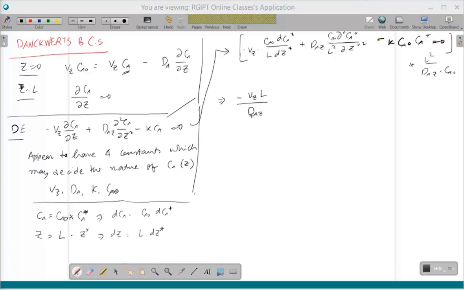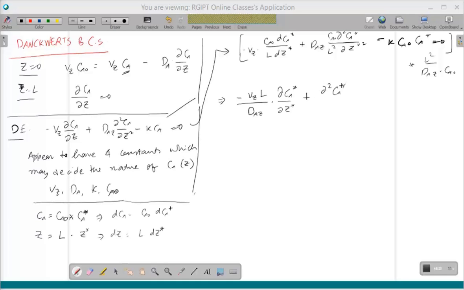Is that all right? Z C naught cancels out, L cancels out of the D. Okay. Then C star by Z star plus C naught cancels out, L square cancels out. This could be just L square C, because I've chosen this to have unity coefficient. Okay.